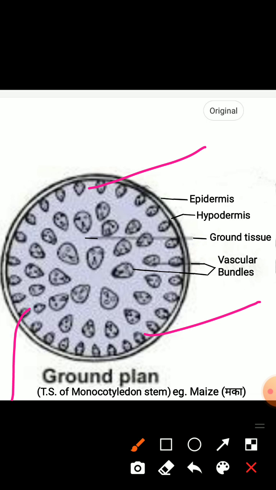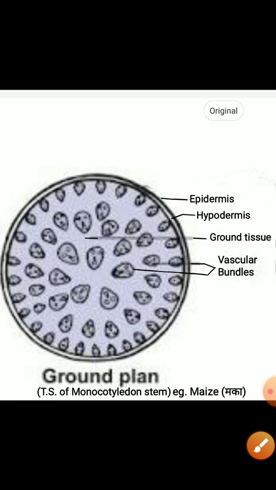Whereas in the central part, the vascular bundles are slightly larger in size and fewer in number. The total number of vascular bundles in the central part of the stem is very scanty.